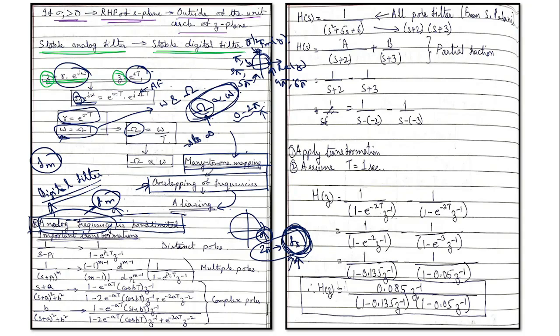And due to this reason, we have the sampling frequency at the 2 pi radians. Okay.